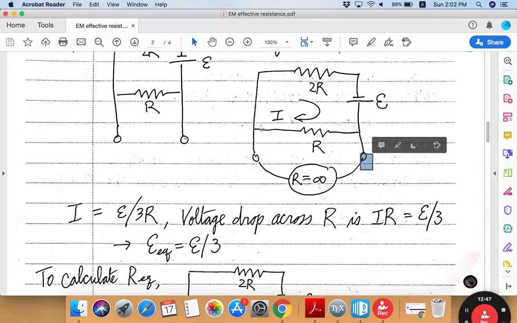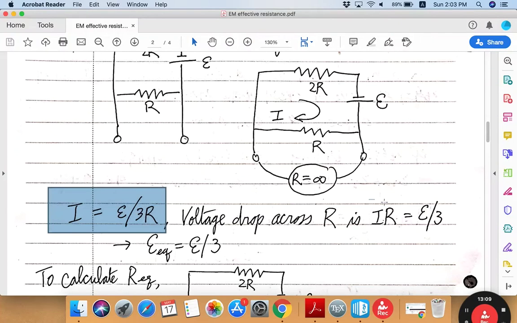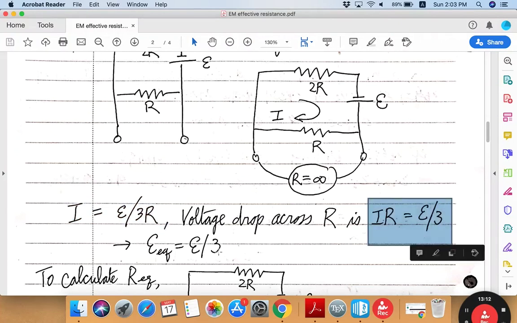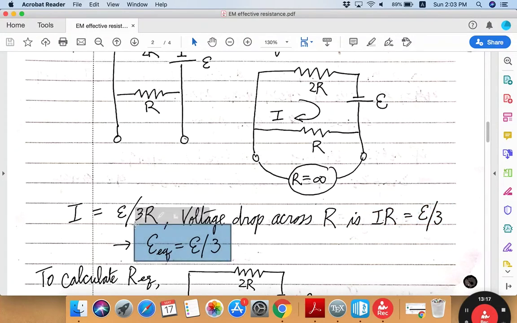But that's got to be the same as the voltage drop across this single resistor of resistance R. But then that voltage drop is just the current flowing through the resistance multiplied by R. And since we already know how much current is flowing, we can just compute this and realize that the voltage drop is 1/3 of the voltage created by this battery.